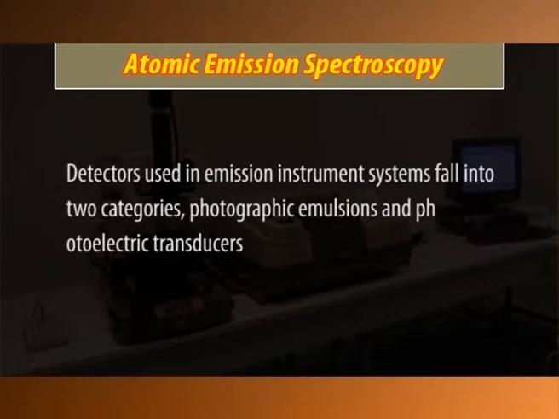Detectors and readout devices. Detectors used in emission instrument systems fall into two categories: photographic emulsions and photoelectric transducers. Most recently, mass spectrometers are being used as detectors for ICP sources.